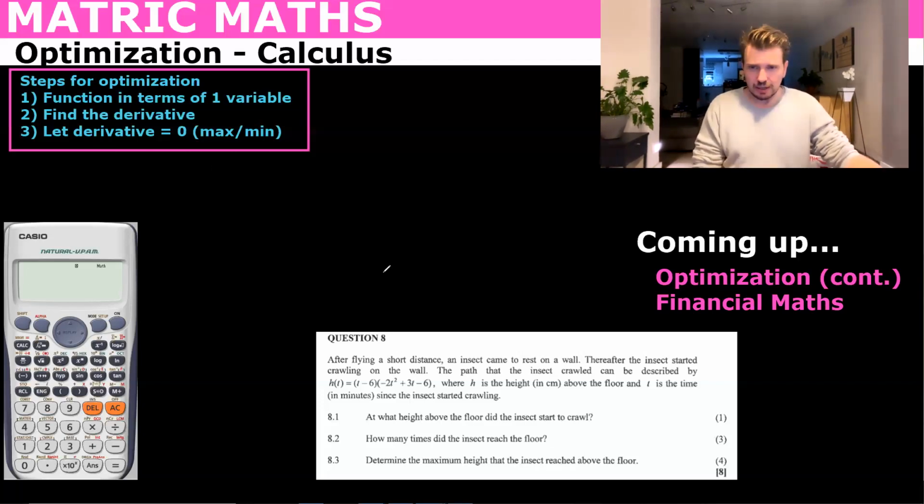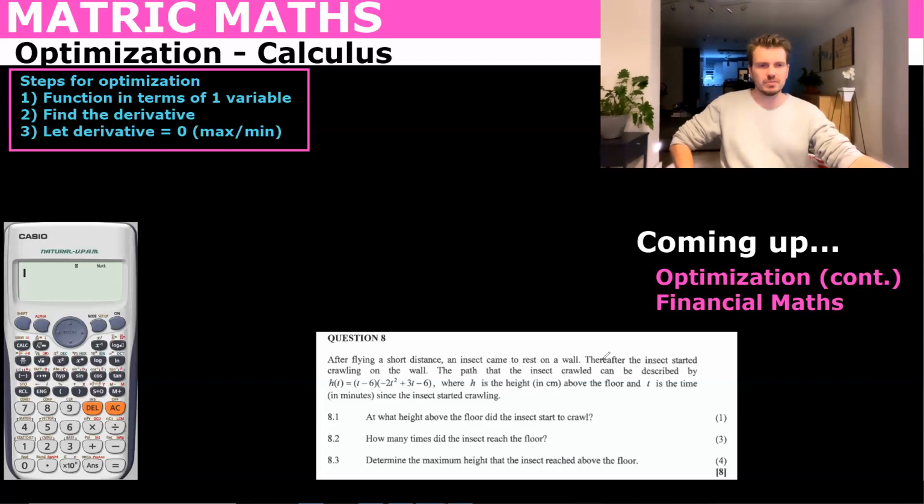So what I want to do here is, even though it's not asked in the question, we've got a cubic graph, but let's read it first. After flying a short distance, an insect comes to rest on a wall. Thereafter, the insect starts crawling on the wall. The path that the insect crawled can be described by the following function, where h is the height and t is time.